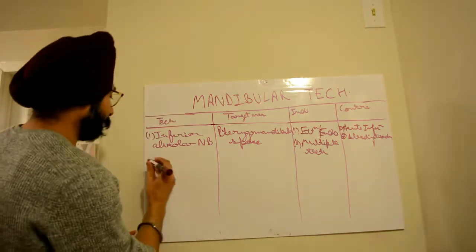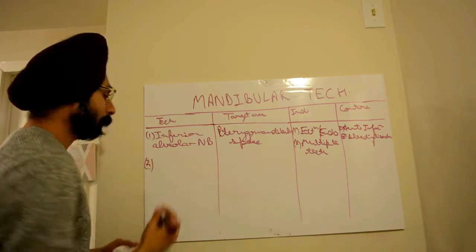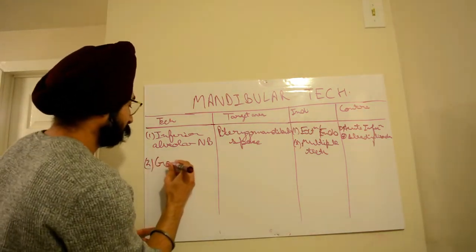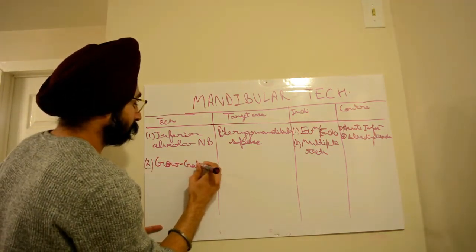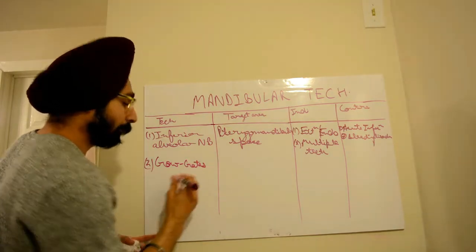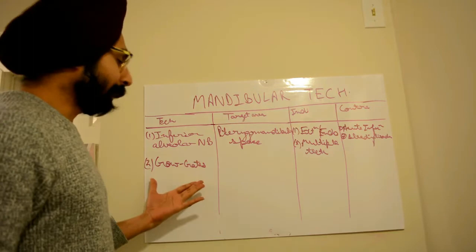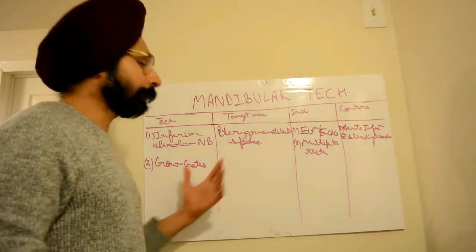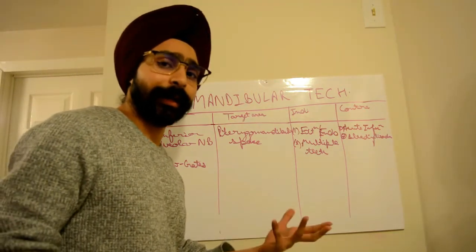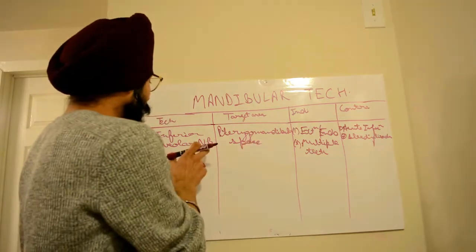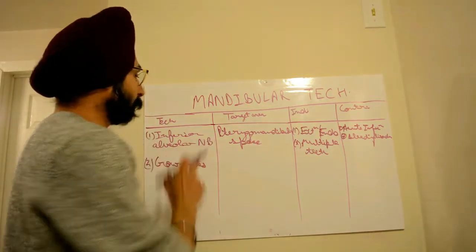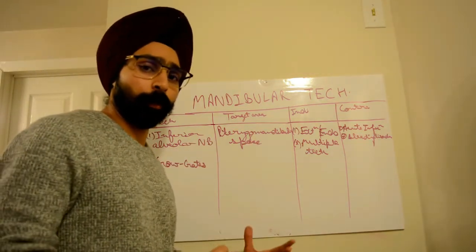The next technique is Gow-Gates technique. Basically, in Gow-Gates technique, we deposit the solution at a slightly higher level above the area where we inject the solution in inferior alveolar nerve block.